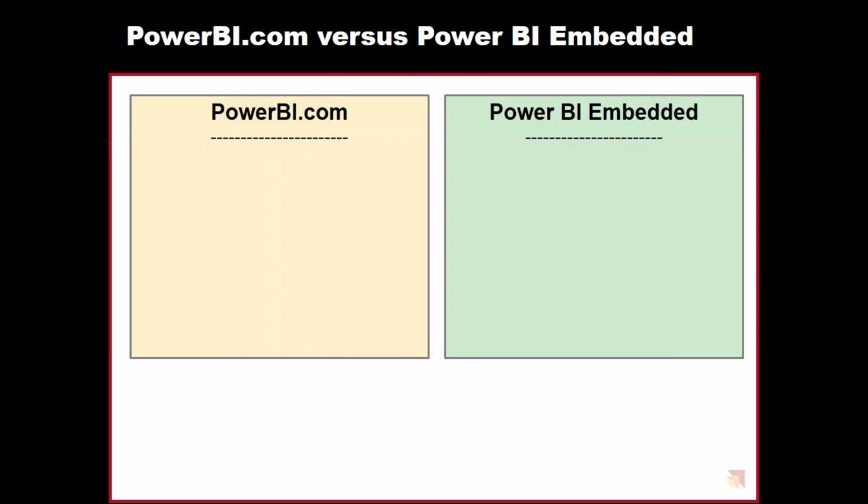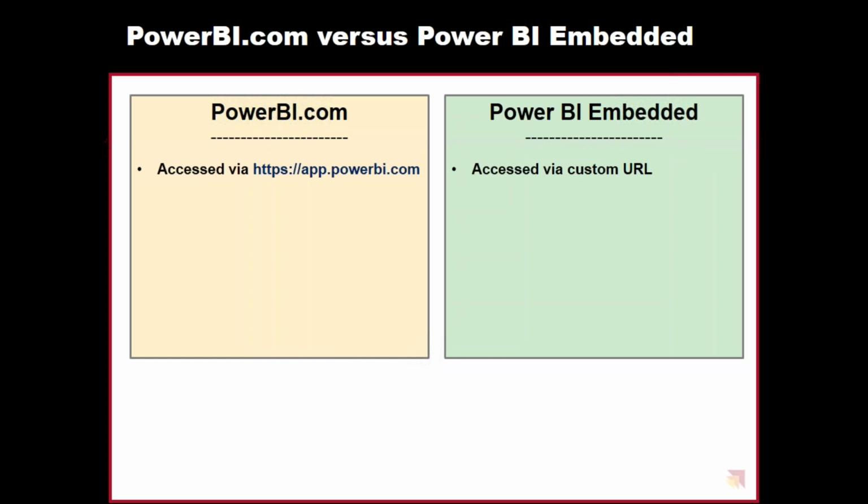Okay. Now, let's just quickly do an A to B comparison between the two. If your organization is using Power BI and everyone has an Office 365 account and everyone has a Power BI license, you access the Power BI service through https://app.powerbi.com.